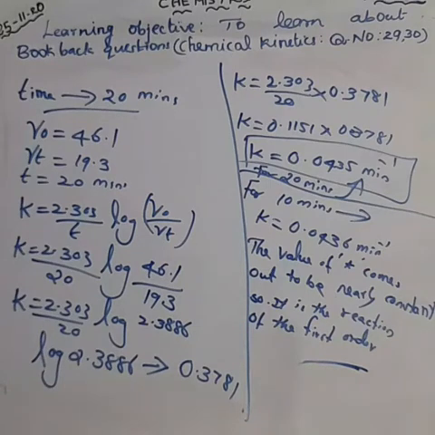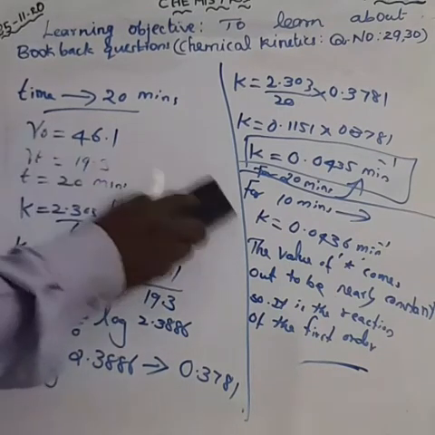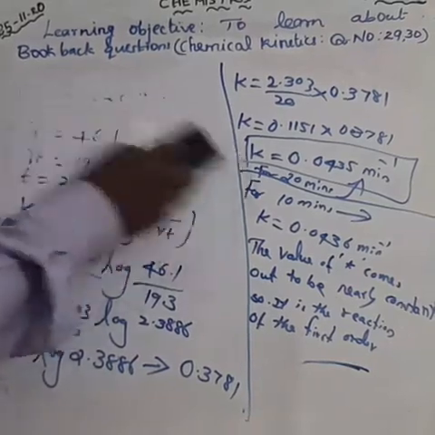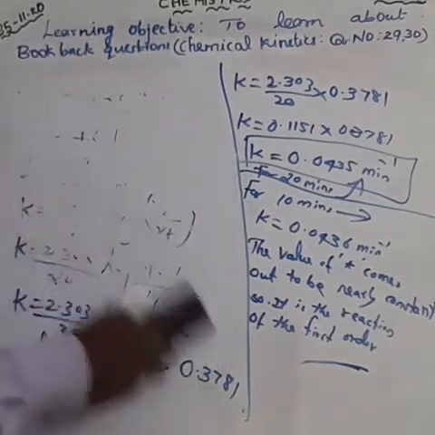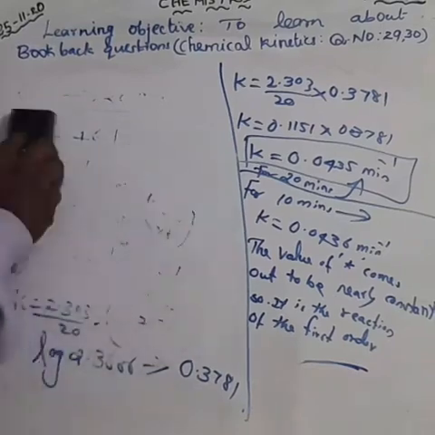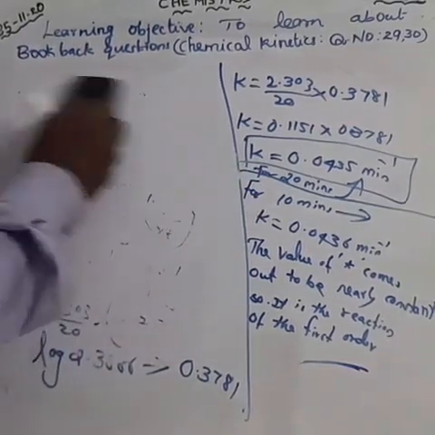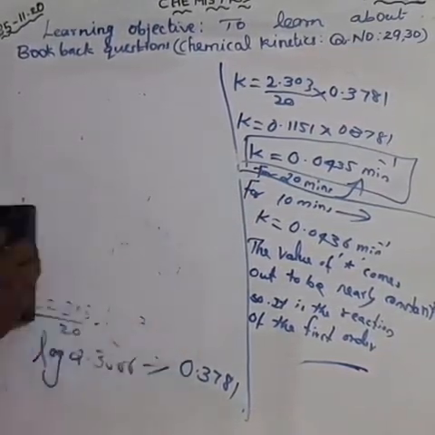This is a special type of question. We have already done it many times. Shall we do the same question once again? The same formula we are applying here: K is equal to 2.303 by t log A naught by A.